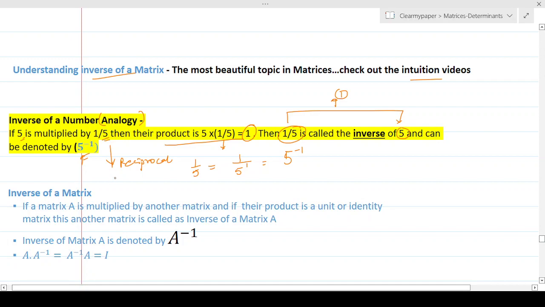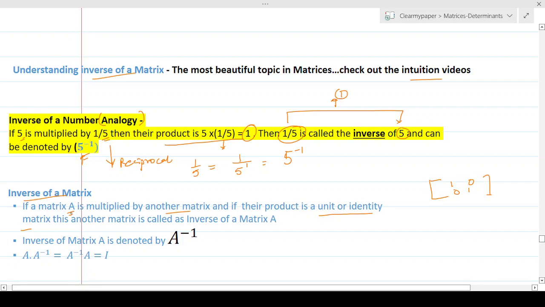Similarly, not exactly, but if you draw an analogy for the inverse of a matrix, it means this: let's say you have a given matrix A, and you multiply it by another, mysterious matrix. If the product of those two matrices is a unit or identity matrix, where all the diagonal elements are 1, then this mysterious matrix is called the inverse of matrix A. In the number system the identity is just numeric 1, but in terms of matrices, we need to think in matrix notation.